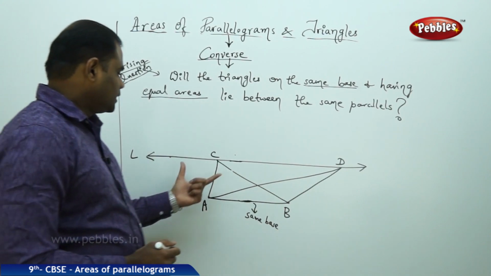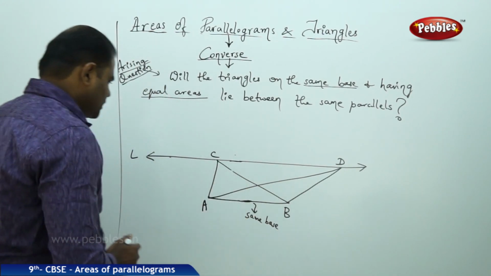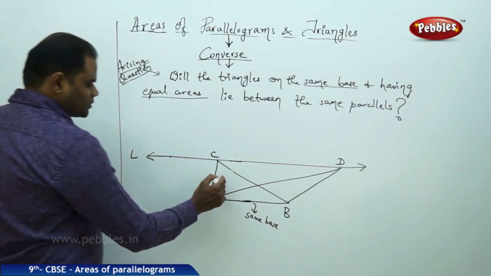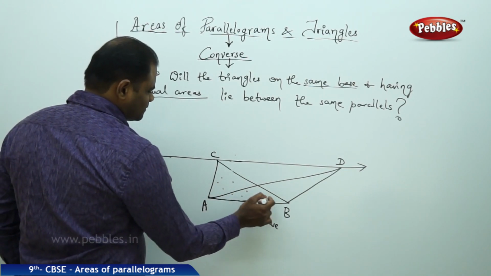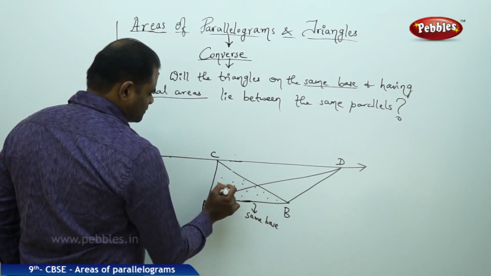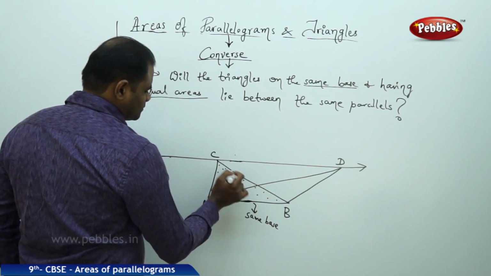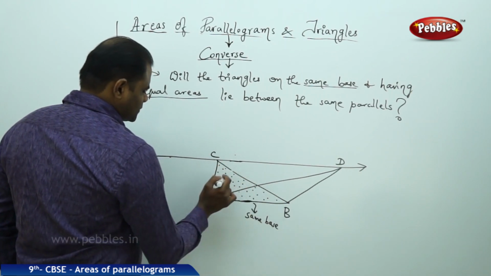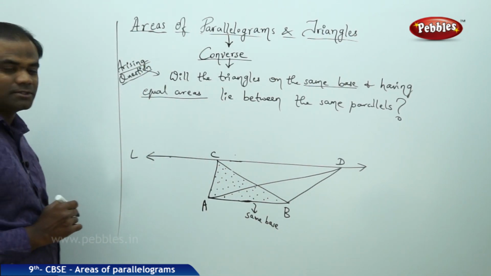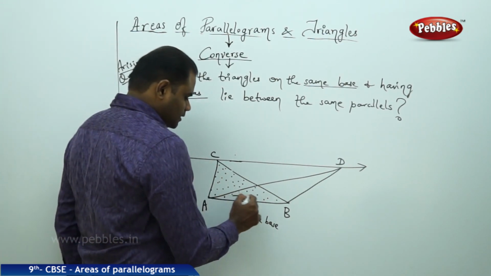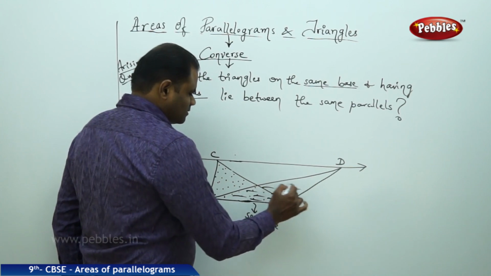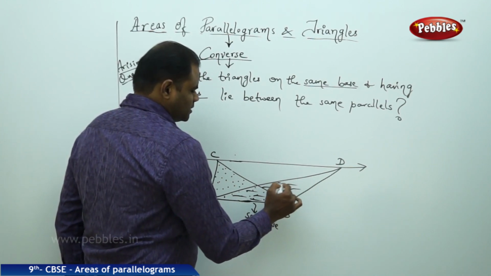In order that we have the same base, let's take the first triangle ABC, and the second triangle is ABD.